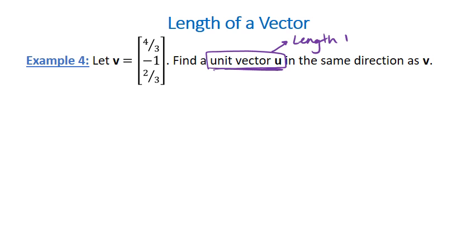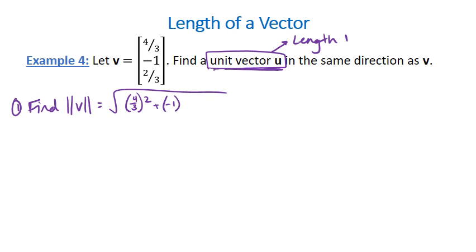The first thing I want to do is find length v, the length of vector v. Just like we did in the previous examples, I'm going to take (4/3) squared plus (-1) squared plus (2/3) squared.